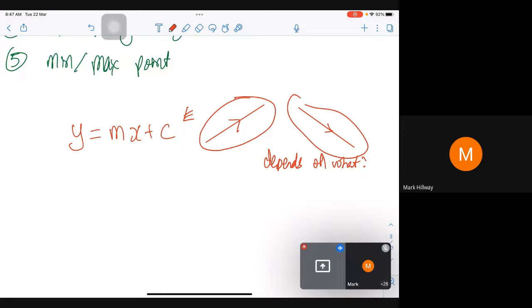What will affect the degree of the straight line? Mark, can you please answer me? The gradient. Yes, gradient. Okay, so if you're going up, the gradient will be a positive value. When you go down, the gradient will be a negative value.